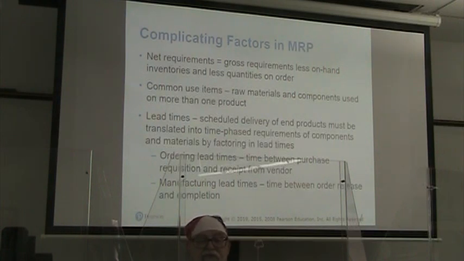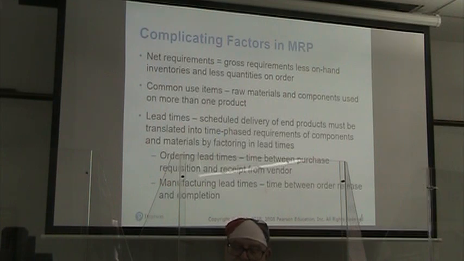That's the time between when we send a purchase requisition and we receive our materials from the vendor. The manufacturing lead time is the time between when we release the order onto the floor and when it is completed.